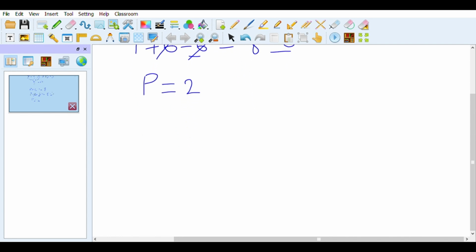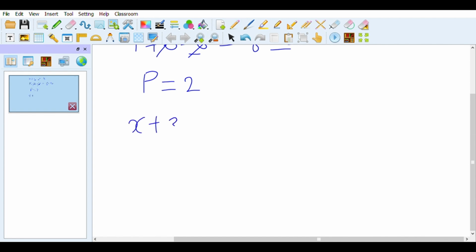Okay, so let's take one final example. Final example, we have x plus 3 is equal to 8. So what do we do here? I'll just wait a little bit. Can you solve this before I solve it?